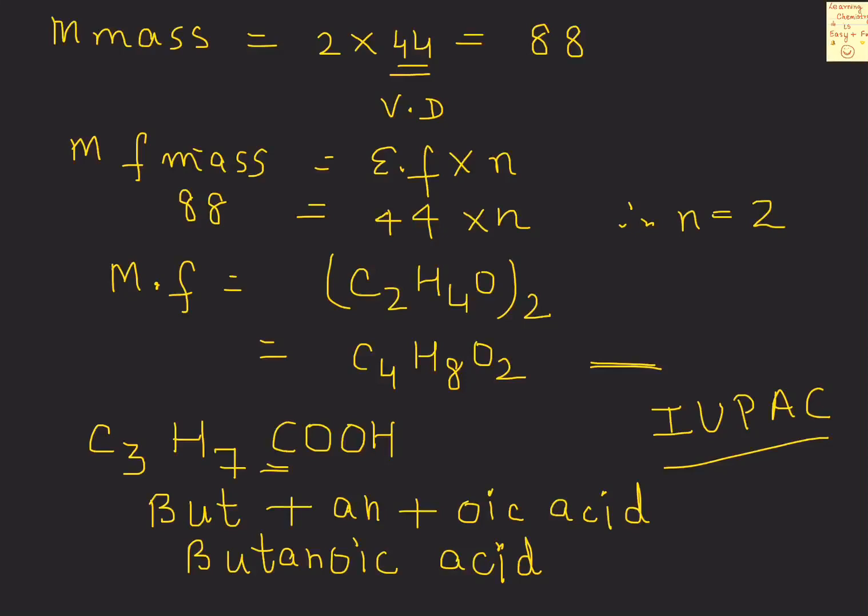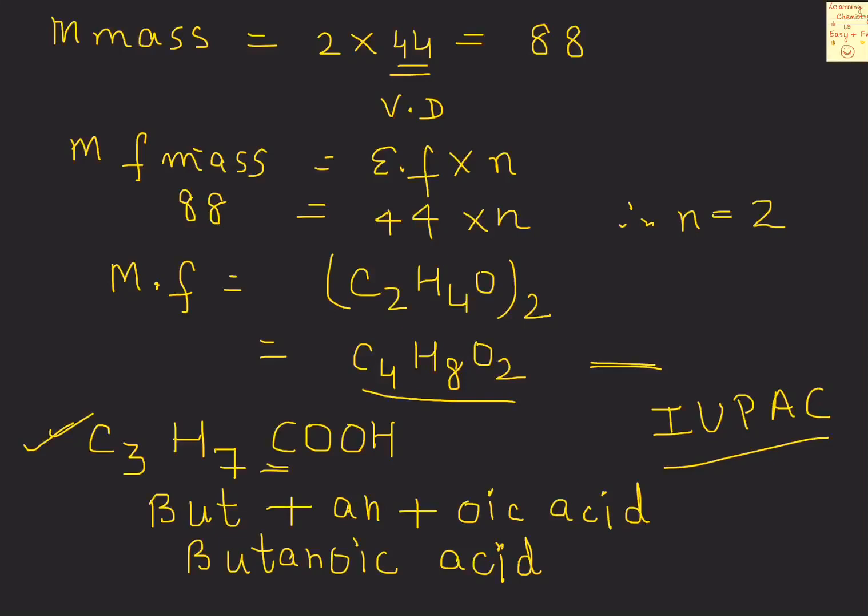So you've got C3H7COOH. Please check whether you got the same answer, or if you even write C4H8O2, it will be right, because at this point of time we've not taught you the organic. Once you learn organic chemistry, then of course you will have to write the correct formula of the compound.